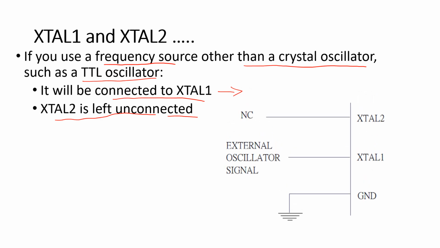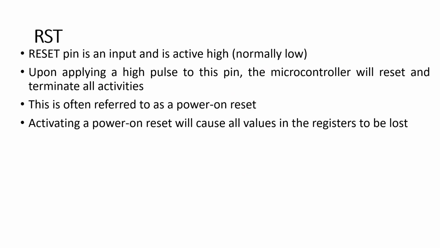In this representation, you are not giving any connection to external 2, and we directly connect the external oscillator signal to external 1. This is how we supply the external oscillator clock frequency to the 8051.